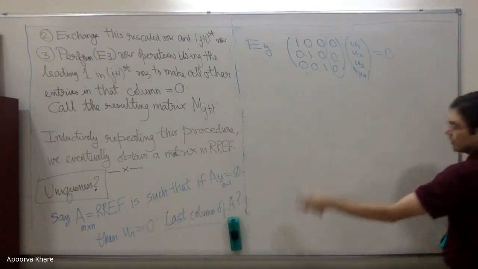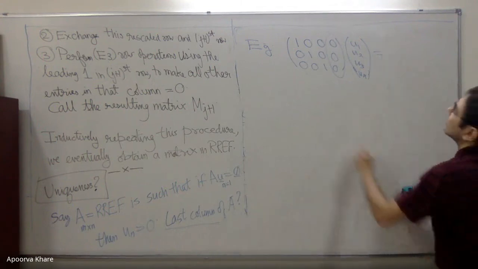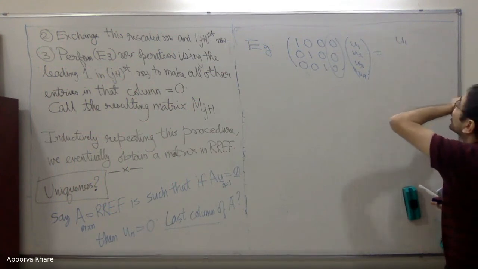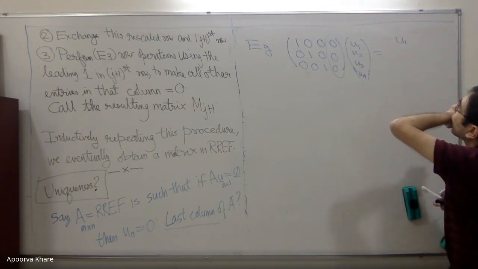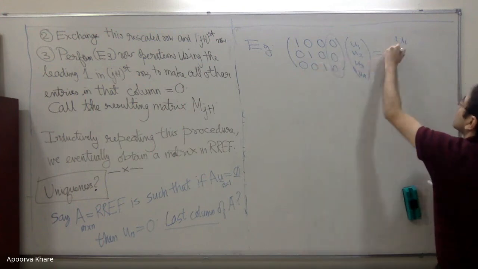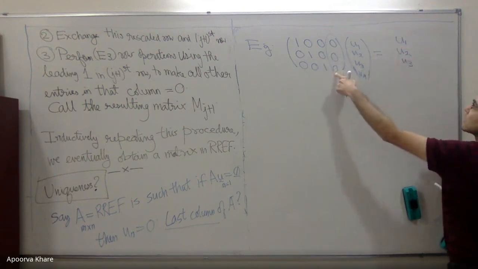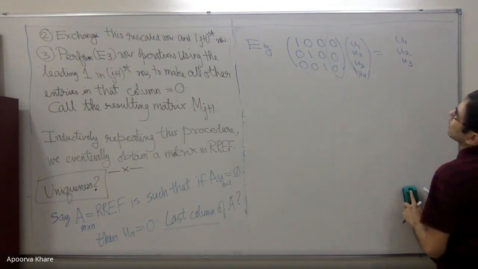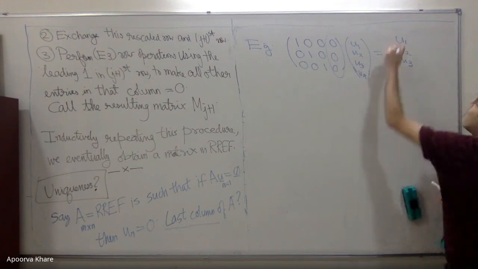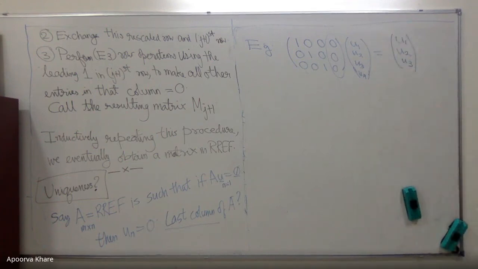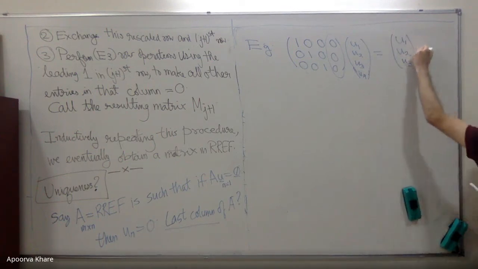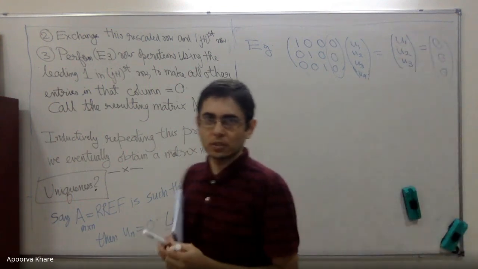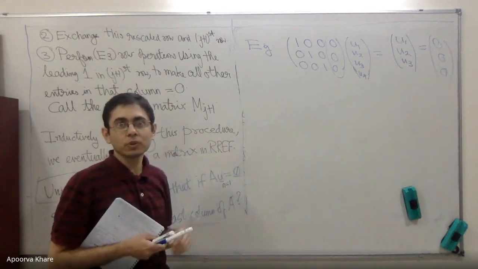Let's check. You get U1, U2, U3, and this has to be 0. So this means that U1 is 0, U2 is 0, and U3 is 0. But it does not imply that U4 is 0.